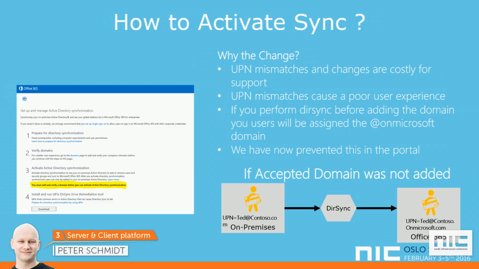And the reason why that happens is either because the accepted domain has not been added to the Office 365 tenant, or because the UPNs have not been updated in your local environment before doing the DirSync. So that's also something that you need to be aware of if you have any mismatches in the UPNs in Office 365.